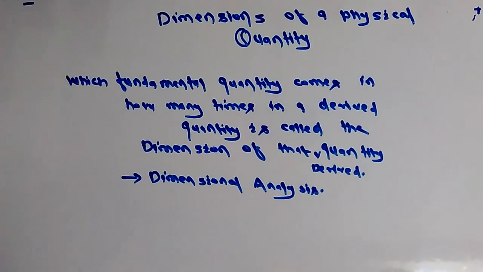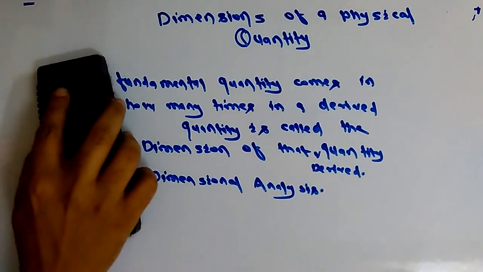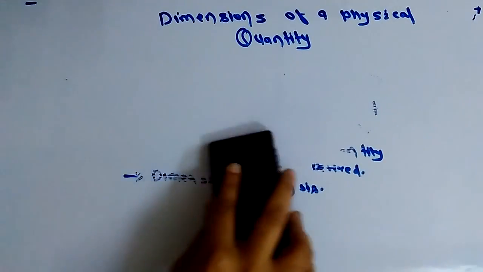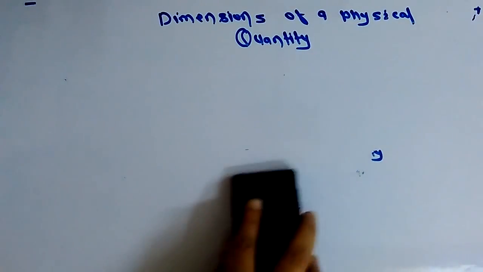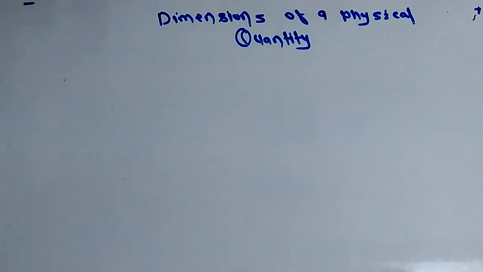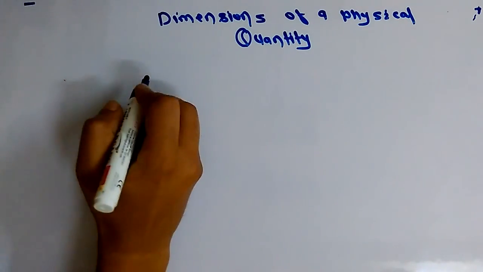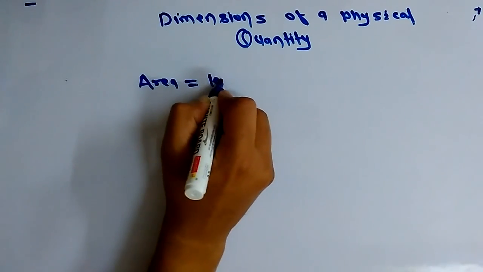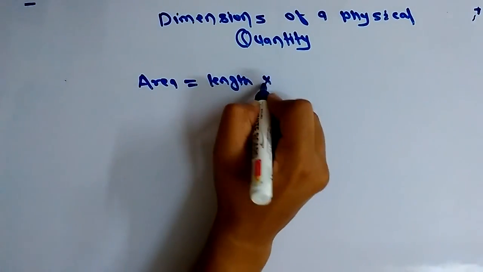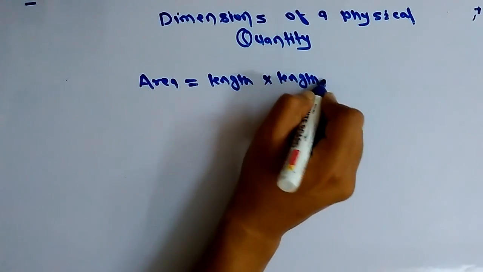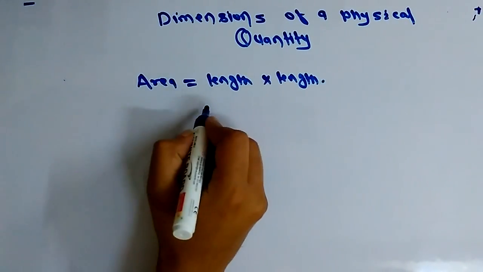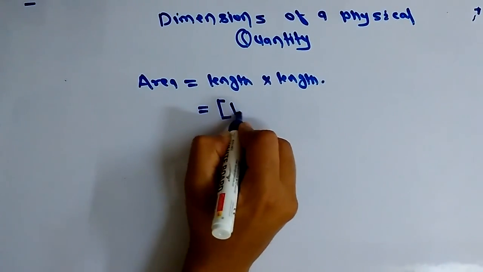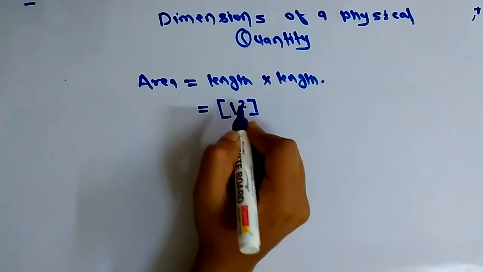Suppose I am talking about area. The formula we know is a multiplication of length into length. So if I have to find the dimension of the area, how will we calculate? Area equals length into length. So I can write the dimension of the area as L raised to 2.